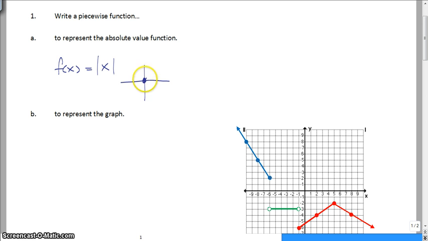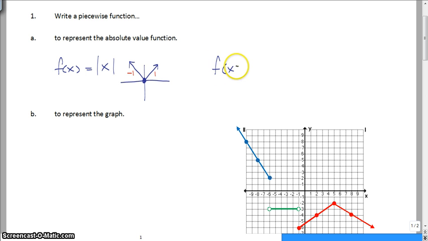We have our vertex at the origin, and to the right we go up, and to the left we go up. But let's think about that in terms of slope. On the left side, the slope of the line is -1 because we're going down from left to right. On the right side, the slope is going up, so it's +1. We need to keep that in mind when we write our absolute value function.